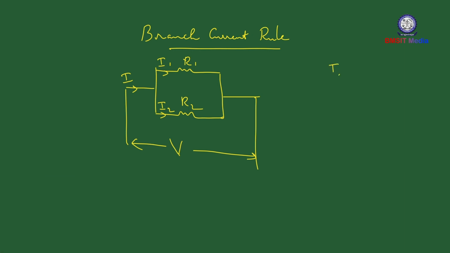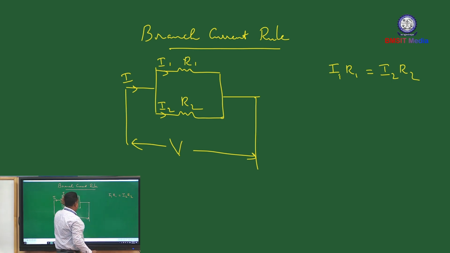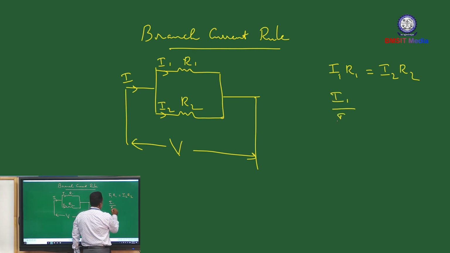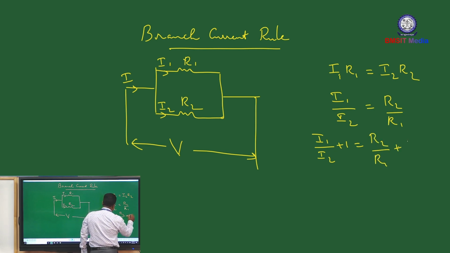So I1 R1 is equal to I2 R2 because the voltage across both the resistances is same. So you can write this as I1 by I2 is equal to R2 by R1. You can rewrite this as I1 by I2 plus 1 is equal to R2 by R1 plus 1.